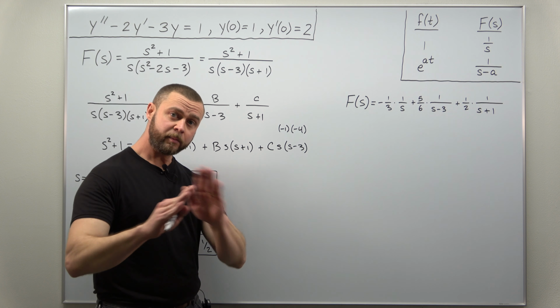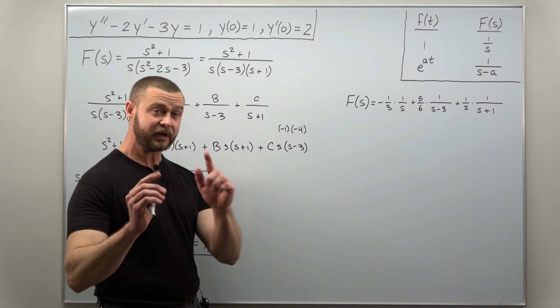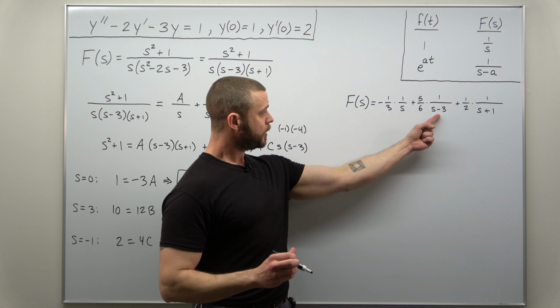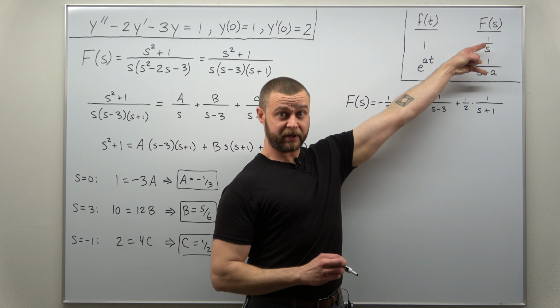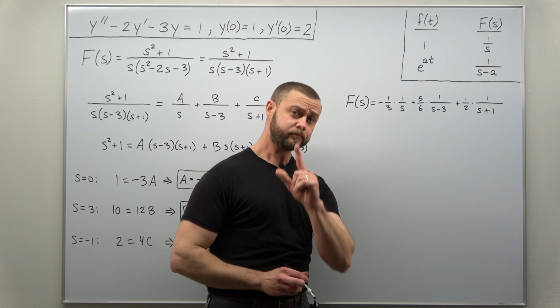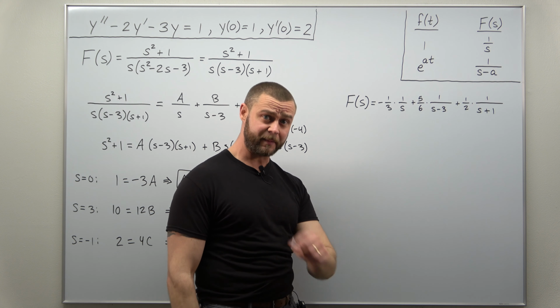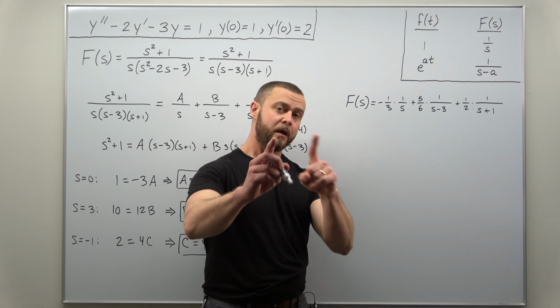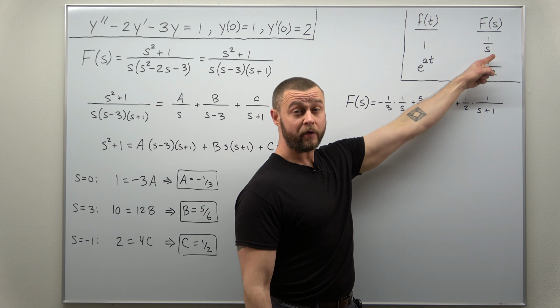All right, now this problem, the F of s requires no more additional algebraic tricks since all three of those partial fractions match existing Laplace transforms. So we're just going to go ahead and do the inverse transformation by matching here. We're going to match 1/s on the F of s side.